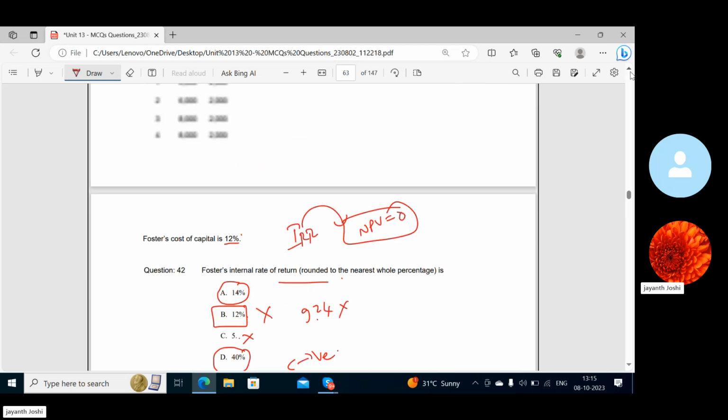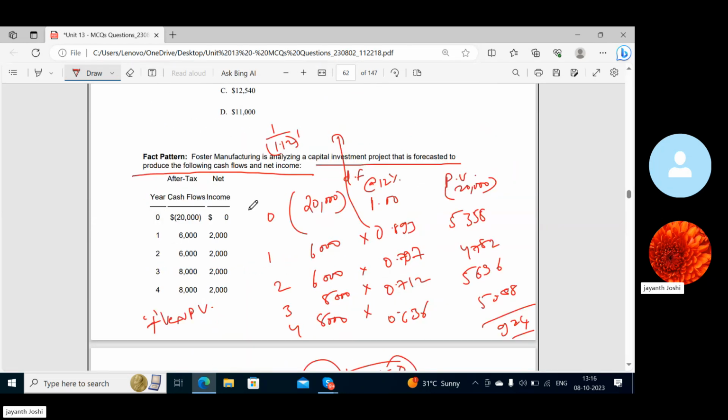I will give you the discount factors: at the rate of 14%, the first one will be 1.00, then 0.877 first year, 0.769 second year, 0.675 third year, 0.592 fourth year.